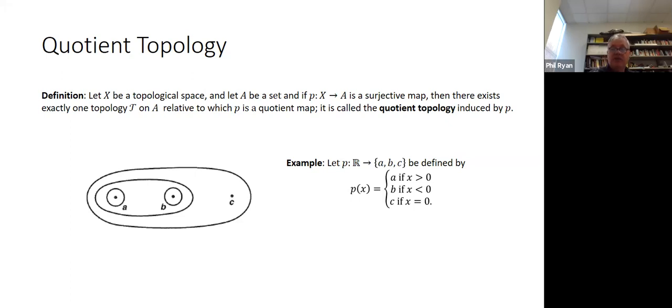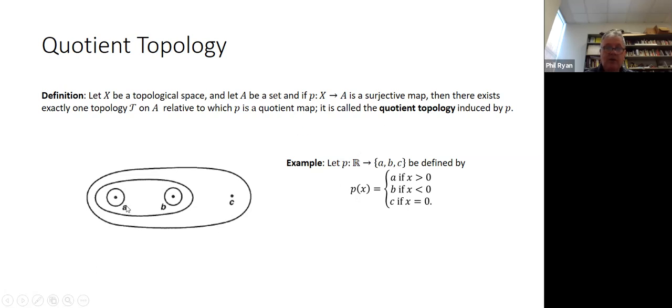Okay, so for example, here we have a map going from the reals to the 3-point set {A, B, C}, where P of x is A if x is positive, B if x is negative, and C if x is 0. So what's the quotient topology that R puts on the 3-point set by this map?